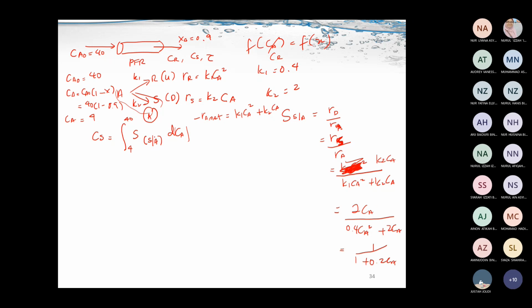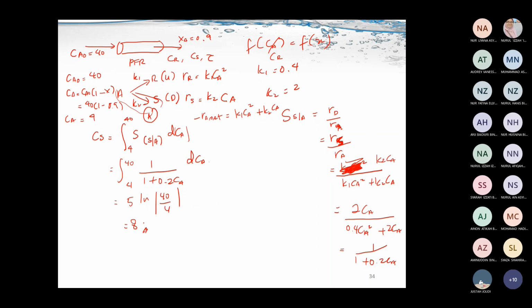Okay, so daripada situ you bolehlah integrate 40 dengan 4, masukkan balik 1 over 1 plus 0.2 CA, dCA. Okay, so daripada situ integratekan dia, you will get, keluarkan semua ni, 5 ln 40 over 4.